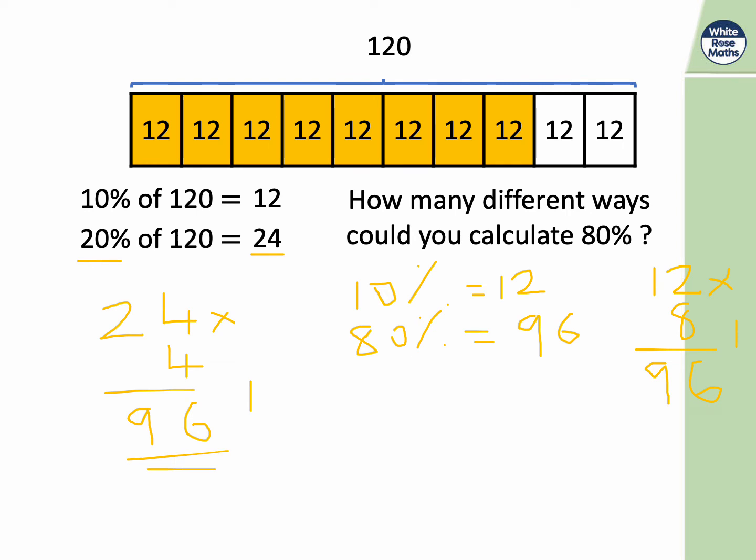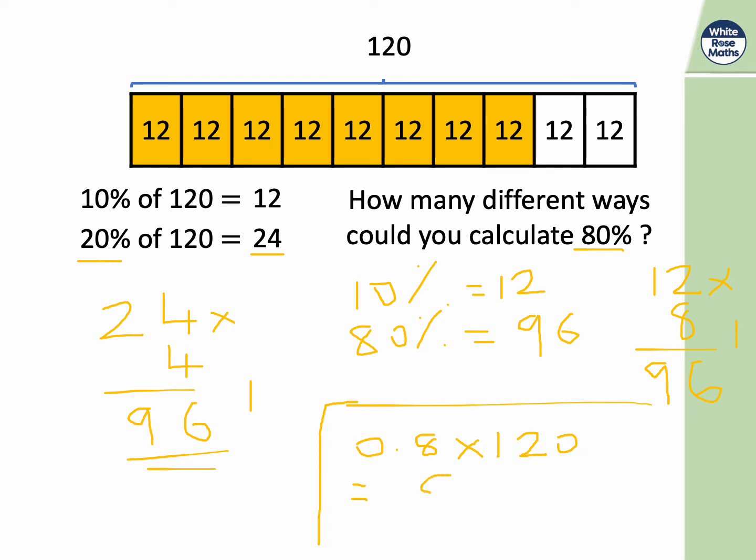Now I can do a third way, which is slightly more complicated. 80% of an amount is the same as doing 0.8 multiplied by 120. This is what I call the decimal multiplier method. Essentially, I've changed 80% into a decimal by dividing it by 100.